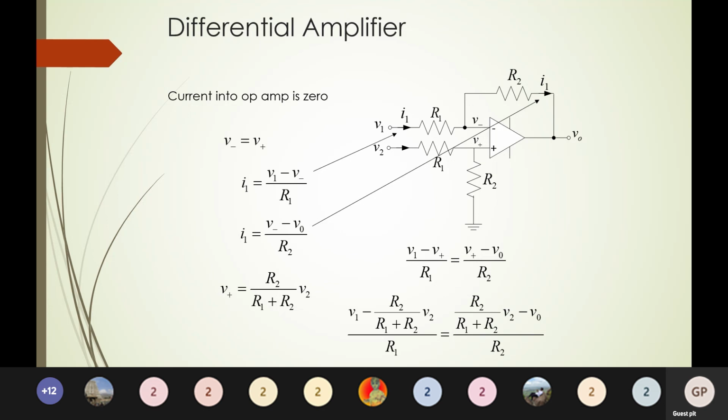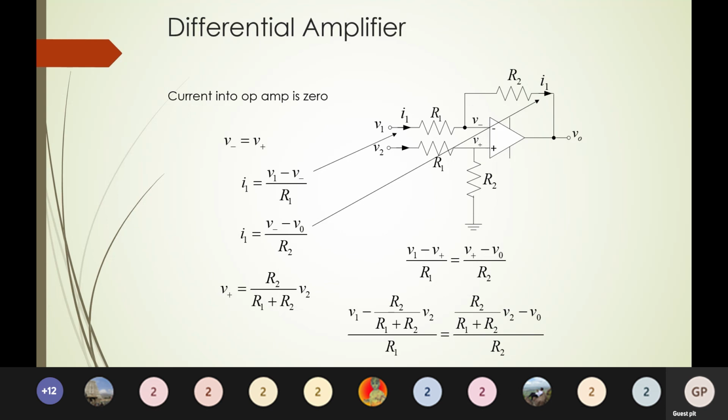And we all know the golden rule: the potential at the inverting terminal will be equal to the potential at the non-inverting terminal. So I have a voltage expression for this point and for that point; let me equate these two. (V1 minus V plus) divided by R1 is equal to (V plus minus V naught) divided by R2.